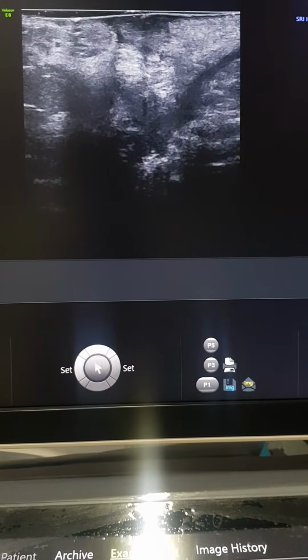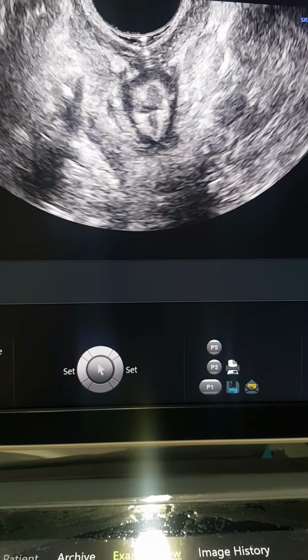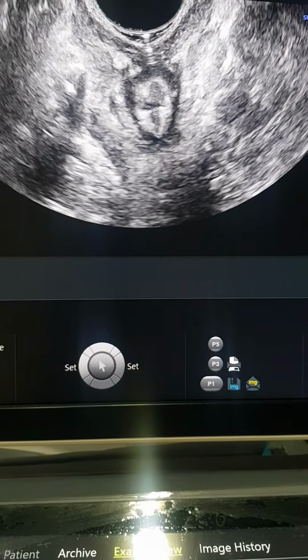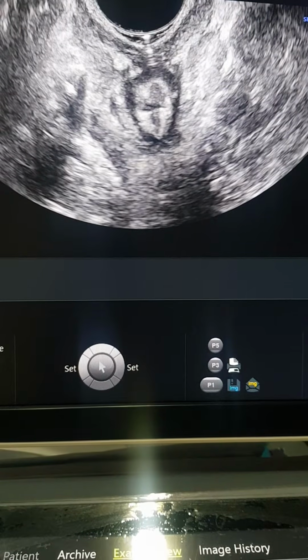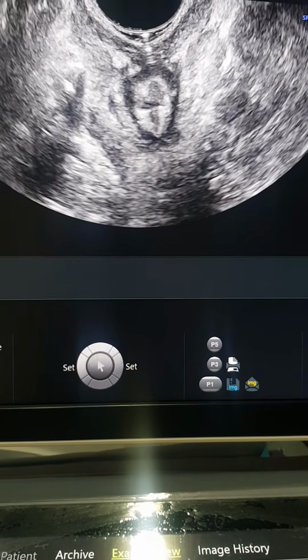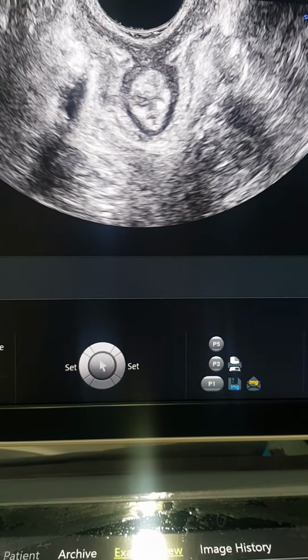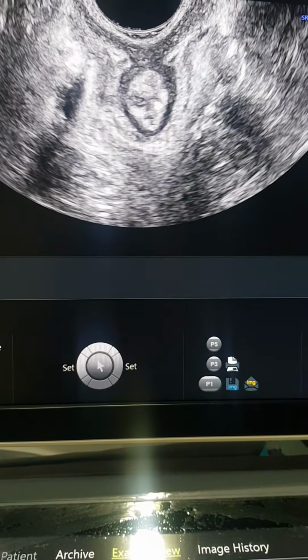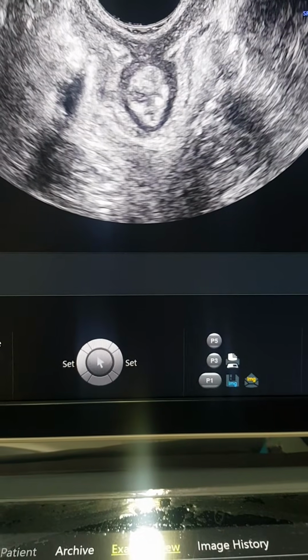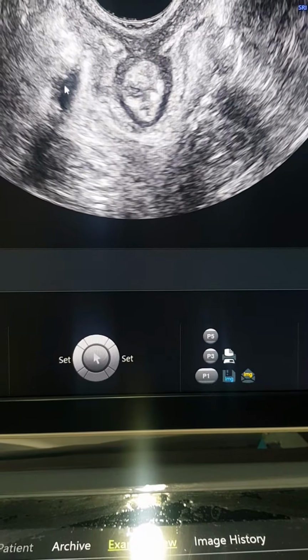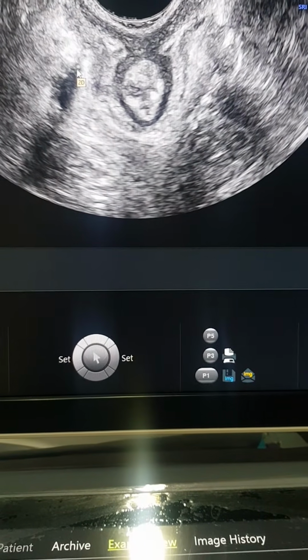Then I switched over to the 3D transvaginal probe and got an axial view of the anal canal. While we did the upper part of the anal canal, a little higher up just below the levator ani, I could spot that there was an ischioanal abscess at 8 to 10 o'clock position.